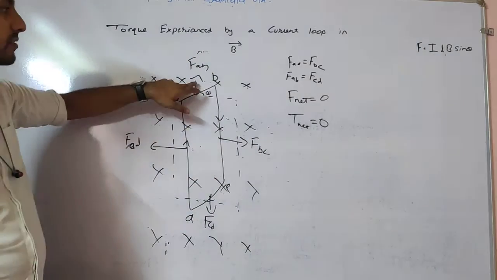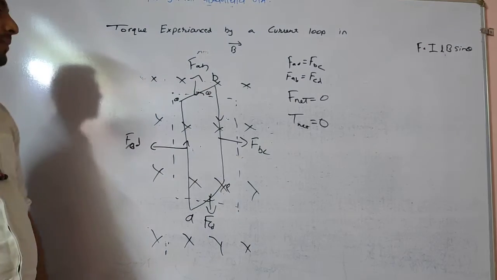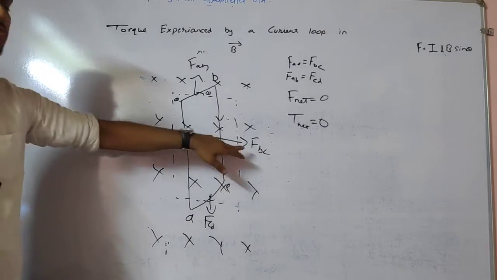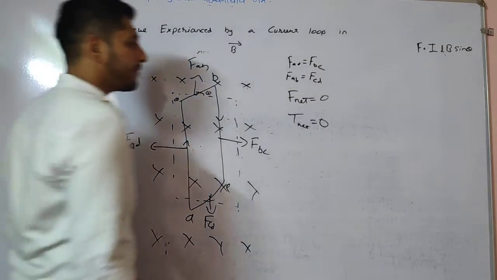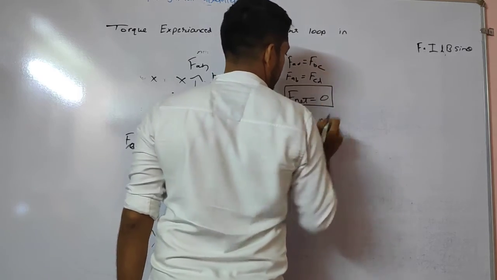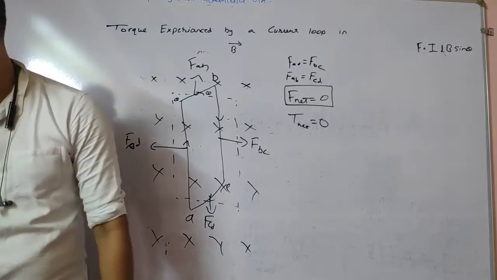Here you can see that this force and this force are again in the same line, and will cancel each other out. Even this force and this force are in the same line. So if you calculate the net force, it will once again remain 0.